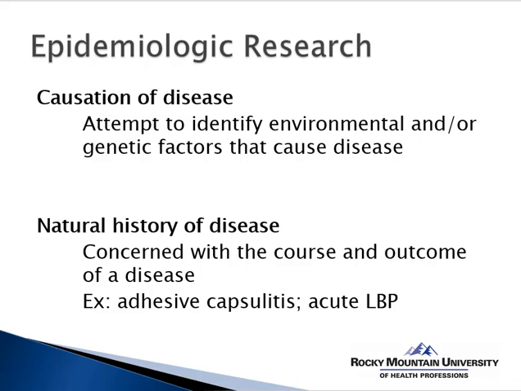Now, with epidemiologic research, we're interested in what are the potential causes of disease. So with adhesive capsulitis, what are the endocrine disorders that can increase the risk? We know that people with diabetes, it may affect 30% of the population. Frozen shoulder might affect 30% of that population, where maybe 5% of the general population is affected with it.